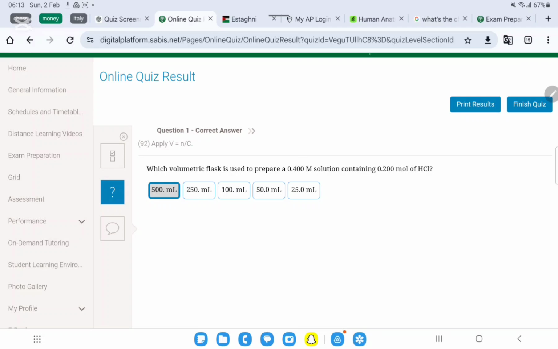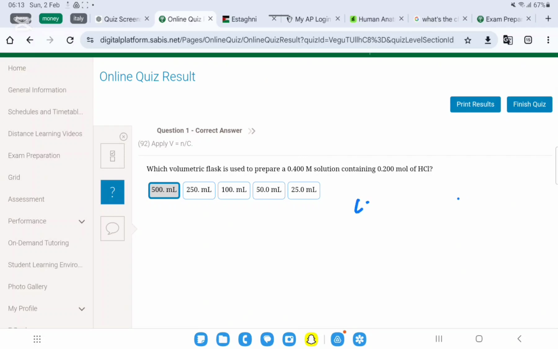And so this is section 6.4. Which volumetric flask is used to prepare a solution of 0.4 molarity containing 0.2 moles of HCl?